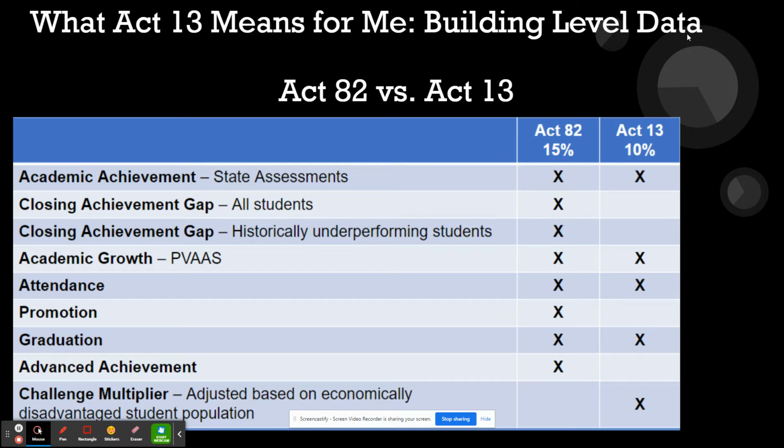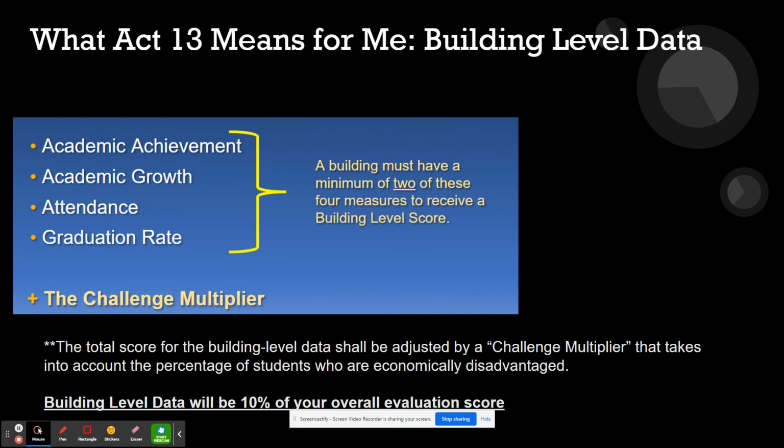Instead of having all these categories in your building level for the elementary and the middle and high school, you now are based off of these areas. Like we said, there's academic achievement, academic growth, attendance, and graduation rate. Once you have all those, you include the building challenge multiplier, which is based off of the percentage of students who are economically disadvantaged.